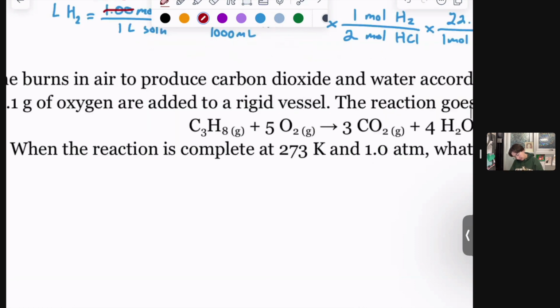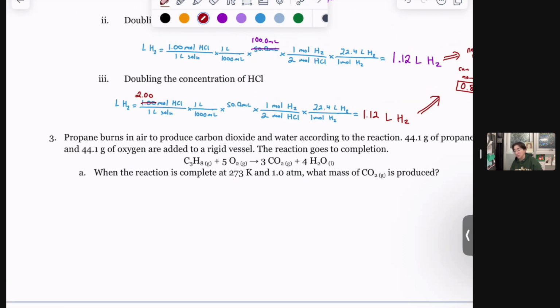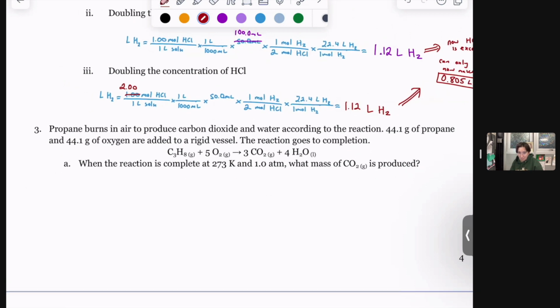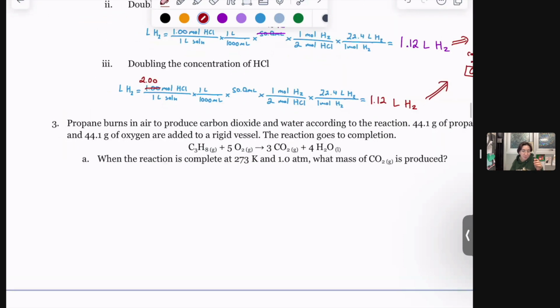So again, we've got a reaction. We are burning propane in a combustion reaction with oxygen. All combustion reactions always look like this, and we're getting these specific products. If I gave myself enough space, I would probably write underneath my equation and organize my information.